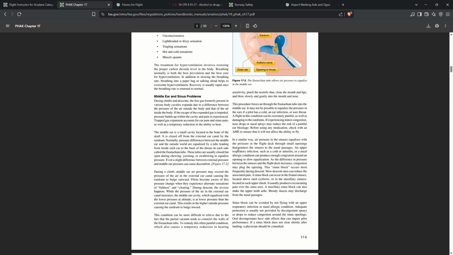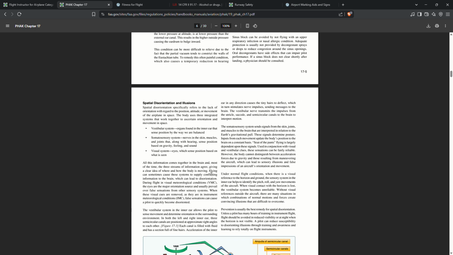The pressure in our body makes your head feel tight, like it's about to explode almost, and that doesn't help, especially with your balance as you're doing turns. And even in IFR, you start losing that sense of balance, sense of feeling, which leads to our next section, spatial disorientation and illusions.